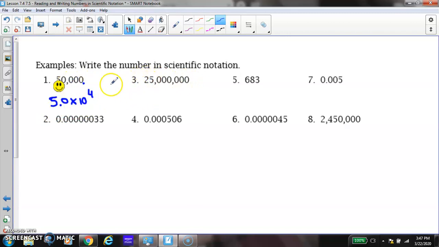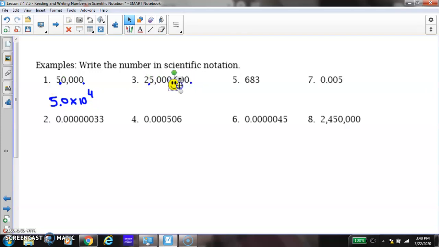All right, so if I look at the next problem, my decimal point starts here at the end. I want to get the decimal point in between the 2 and the 5, because this is my first non-zero digit. And then I don't want to write any of these extra zeros in here, okay? So I'm going to grab my smiley face, and I'm going to count how many places it takes me to get from the ending decimal point to the one that's in between the 2 and the 5.